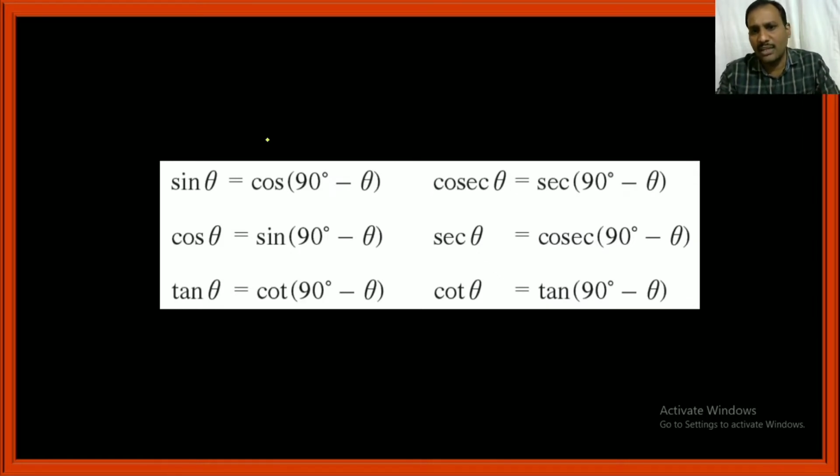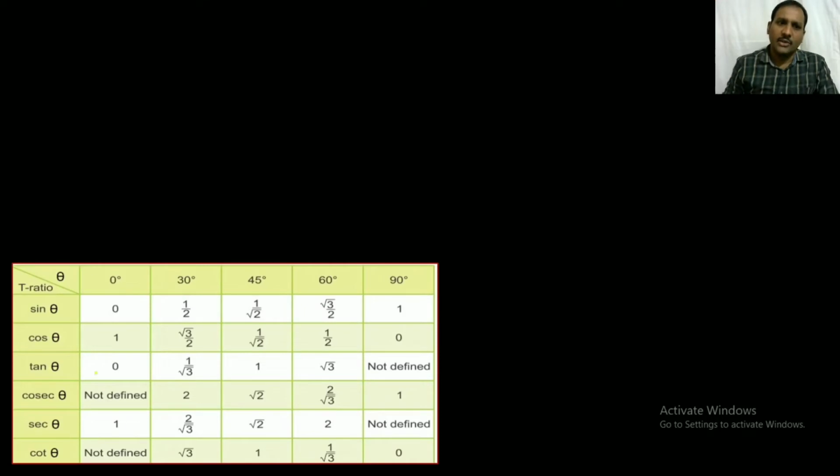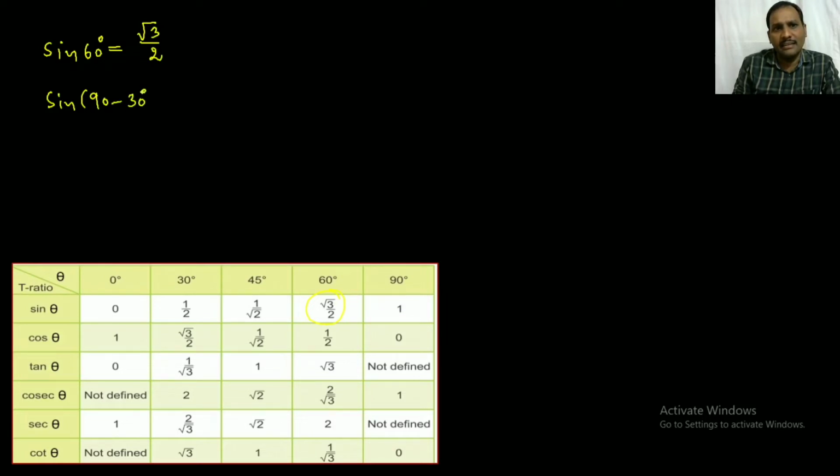Now where do we use this? Let us see. You take this trigonometric table. I want to find sine 60. What is sine 60 actually? Sine 60 is root 3 by 2. Now, can I write 60 as 90 minus 30? Sine 90 minus 30? Yes, you can write. Now this 90 minus 30 is nothing but 60, but it is in the form sine 90 minus theta.